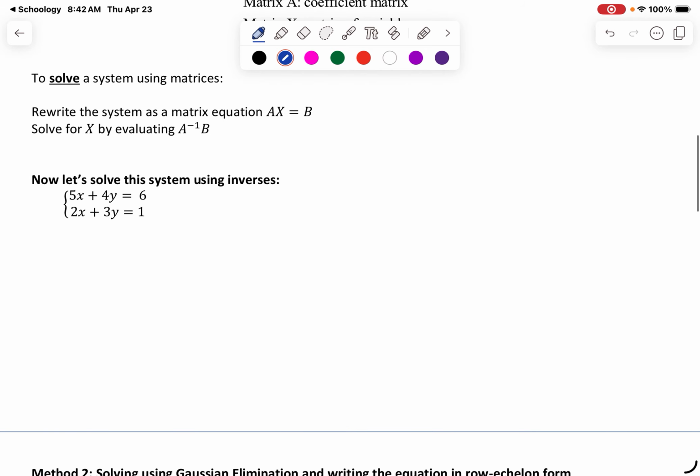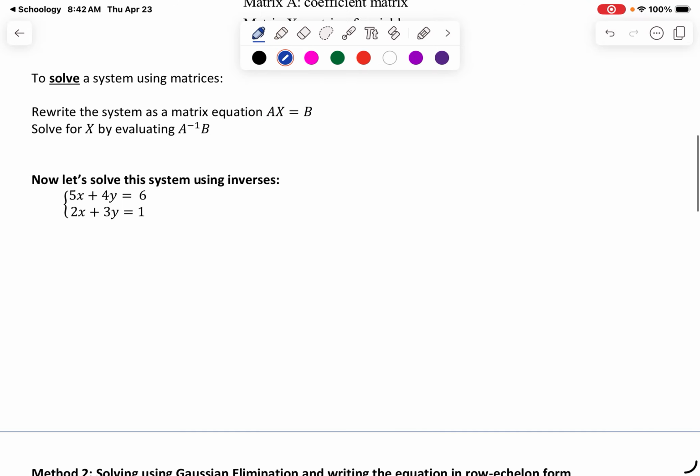To solve the system using matrices, you're going to rewrite the system as a matrix equation, AX equals B, and then to solve for X, X is equal to A inverse times B. Remember why? Because to get X by itself, we would have to use A inverse. So then you would do A inverse times B is equal to X. That's why. Okay?